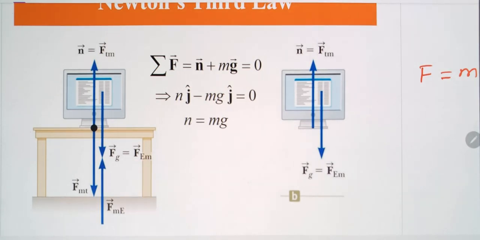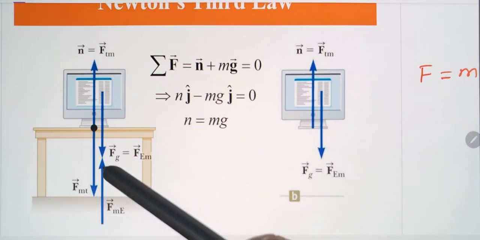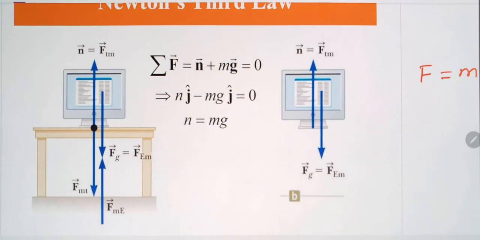That is Fg. That is the action force. As a result, there is a reaction force. We call it F monitor on Earth, same magnitude, opposite direction. Clear?